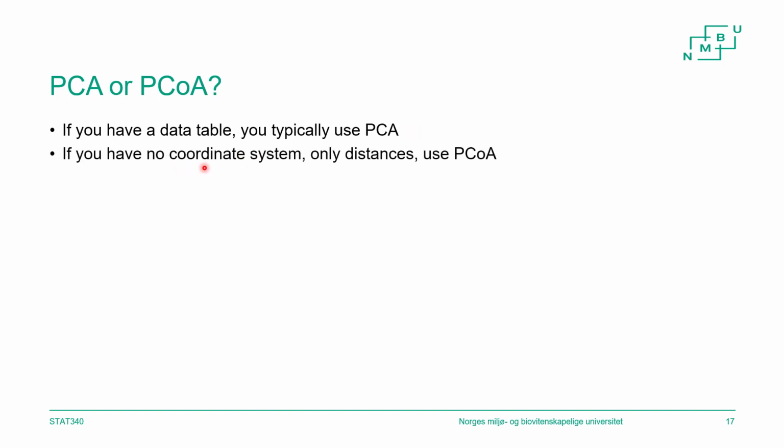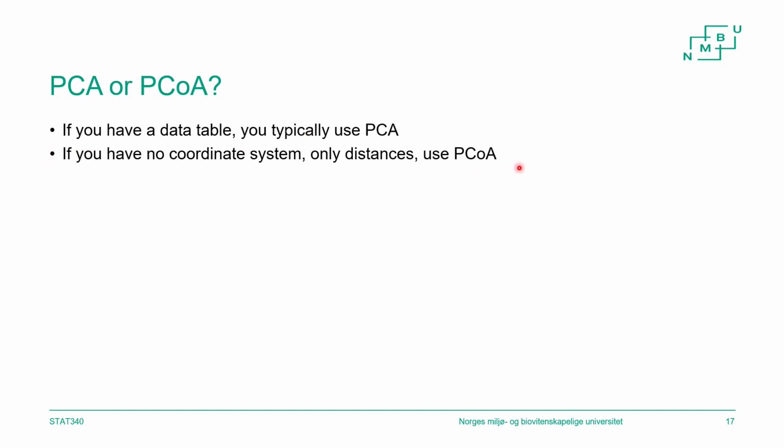But sometimes you have no coordinate system, only the distances, and then you use the principal coordinate analysis. Or actually the relation between the data cases is not properly described by the coordinate system. We will see some example of that, where we use, for instance, a distance metric which is not Euclidean.